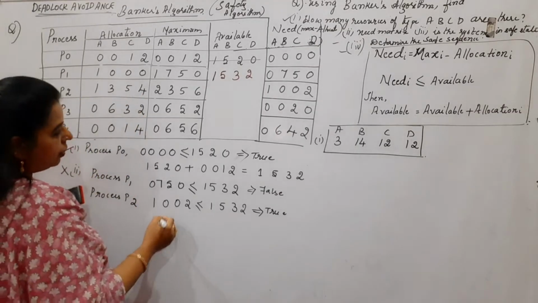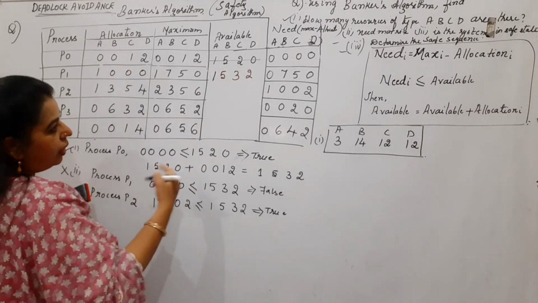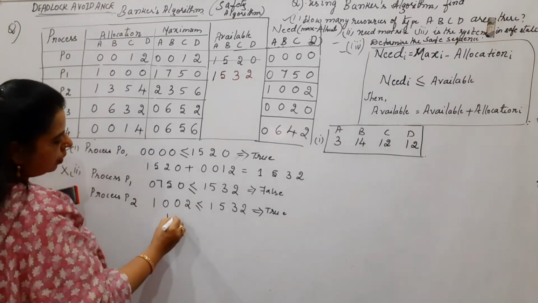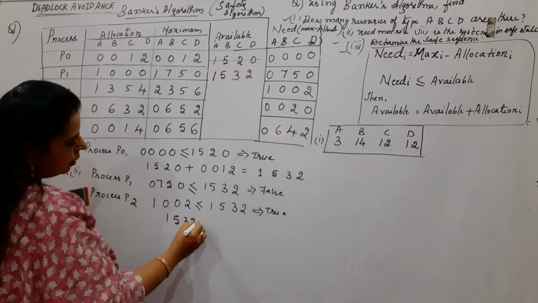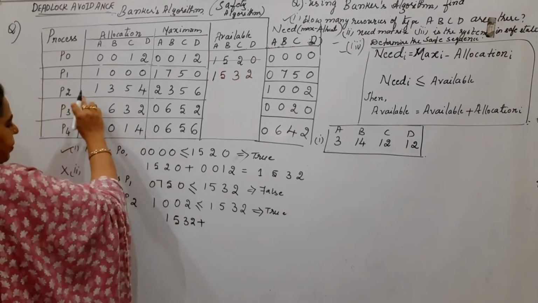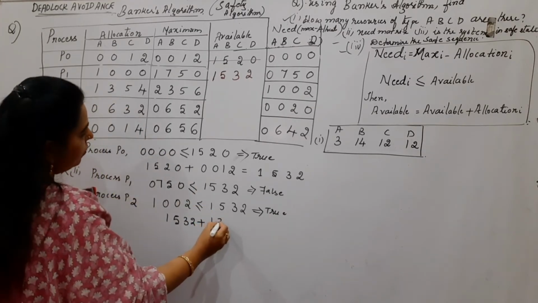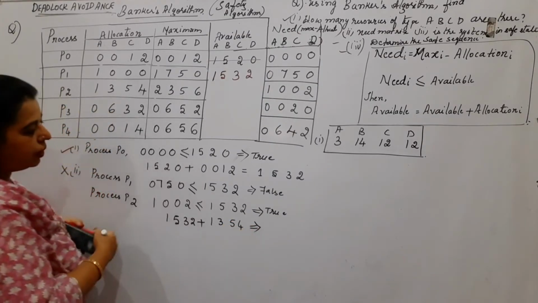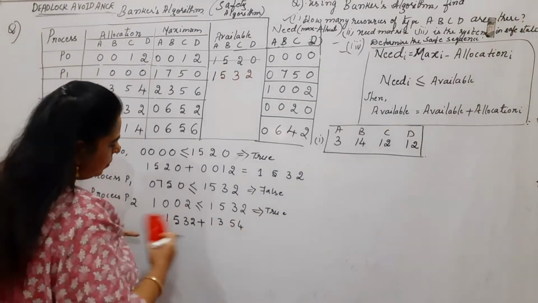1 3 5 4 will be returned. So that's why we have to write down now available equals available plus allocation of P2. Available is 1 5 3 2 plus P2 allocation is 1 3 5 4. It is returning back to the system now because it has completed its job. So what is the value here now?